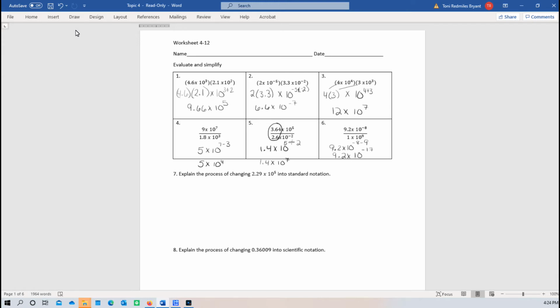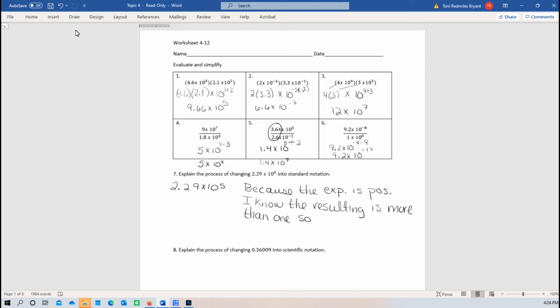All right, so let's talk about the process of changing these into standard notation. Well, for this one, because the exponent is positive, and because of room, I'm going to shortcut a lot. I know the resulting number is more than 1, so I must move to the right.